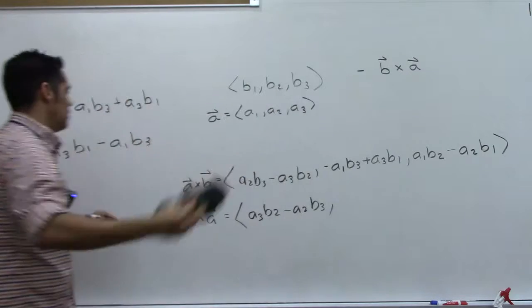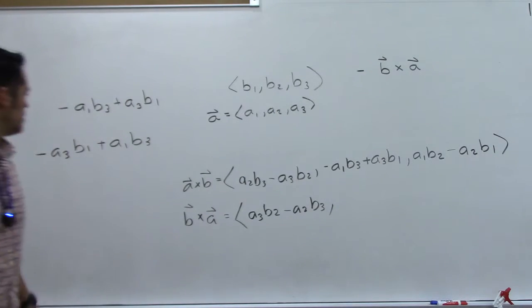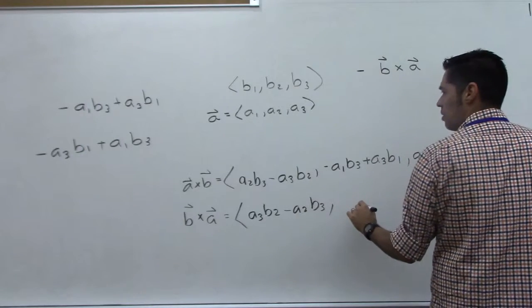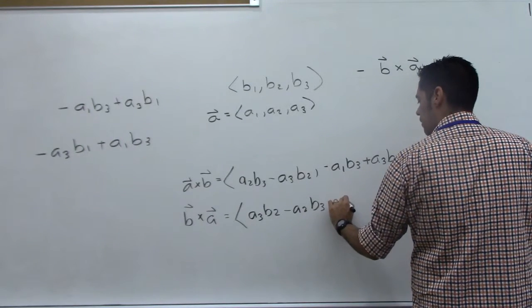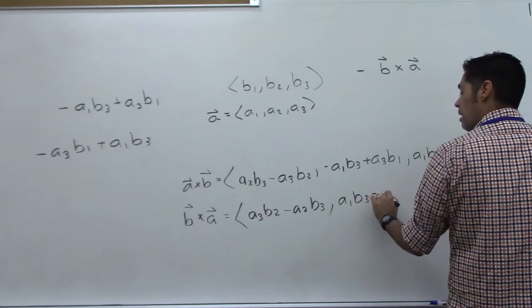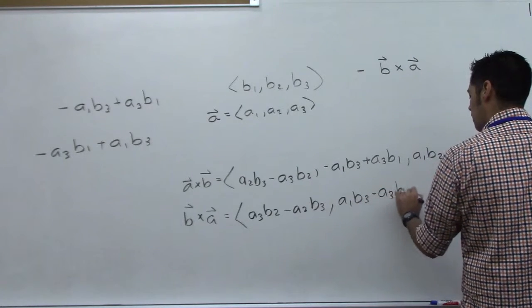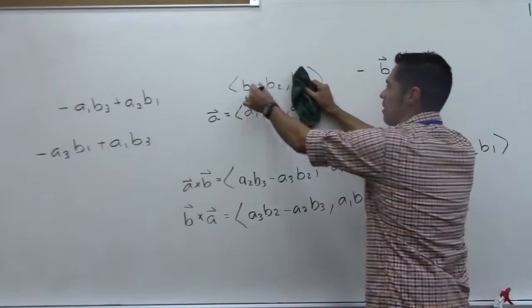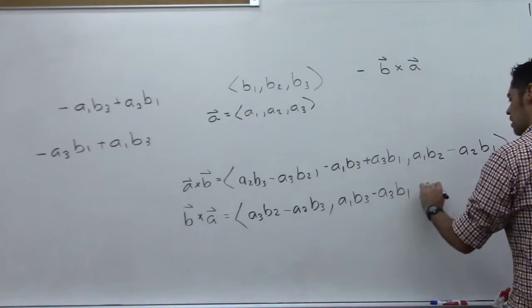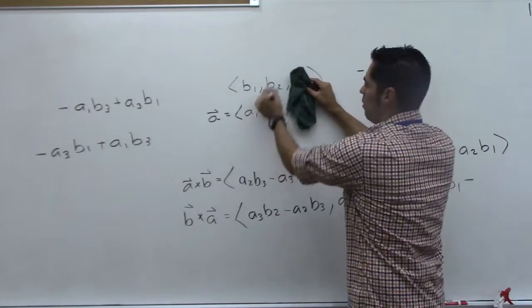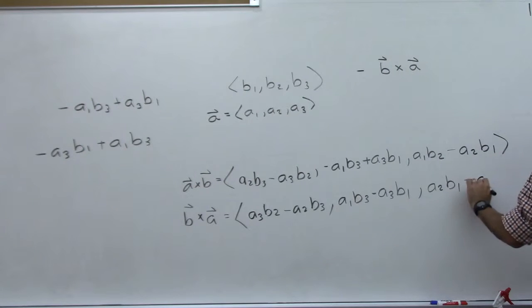But because it's the middle component, you subtract it, so minus and plus. I'll do it A1, B3 minus A3, B1. Now I'll cover up the last one. B1 times A2, which is the same as A2 times B1, minus A1 times B2.